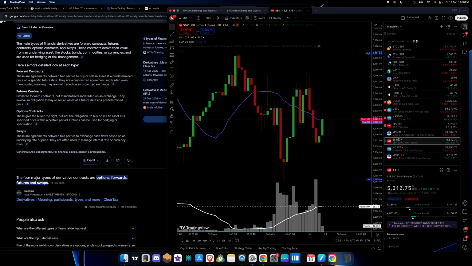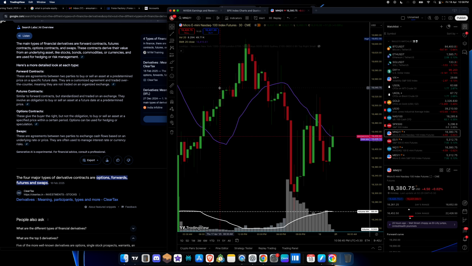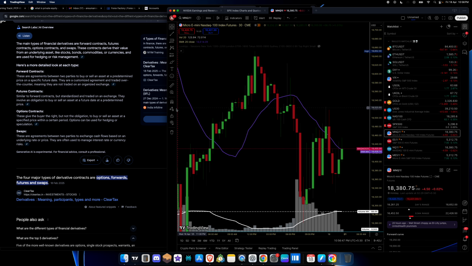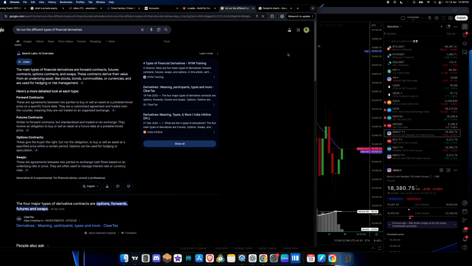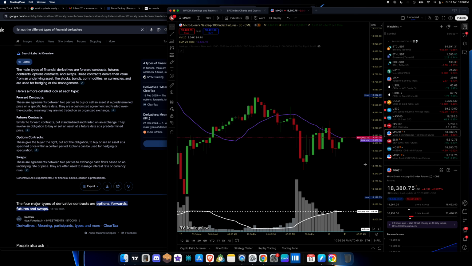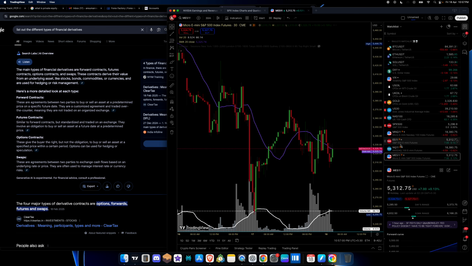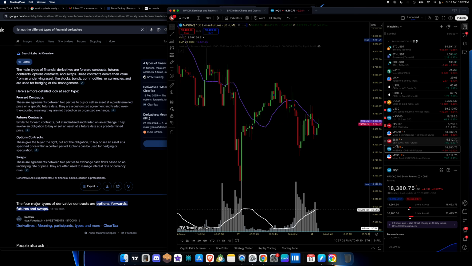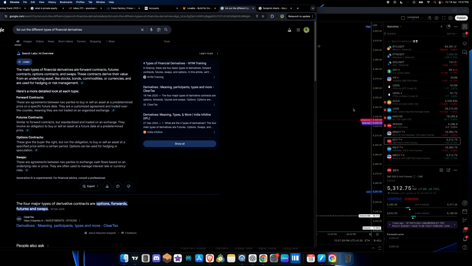There are basically two kinds of futures contracts: the E-mini and the Micro E-mini. It's a little complicated, but it's basically the same thing. If you notice the price action in these four different tickers, it is mostly the same. So this was all for futures.